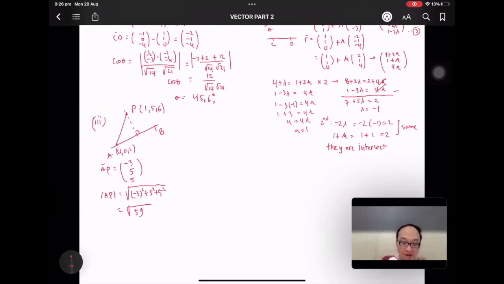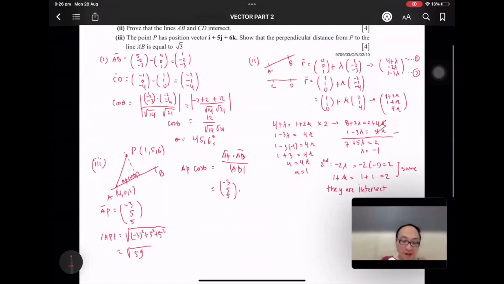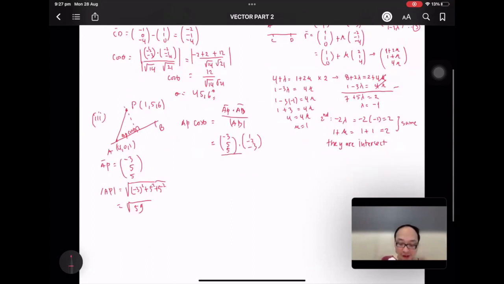And then to find the projection, this is AP cos theta. So AP cos theta equals AP dot the line AB over the magnitude of the line AB. So AP is (-3, 5, 5), dot the direction vector of AB, which is (1, -2, -3), divided by the magnitude of AB.